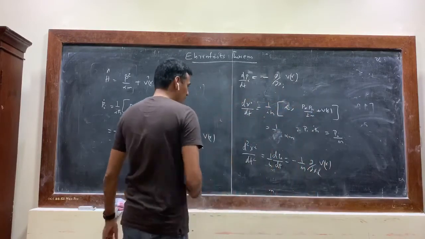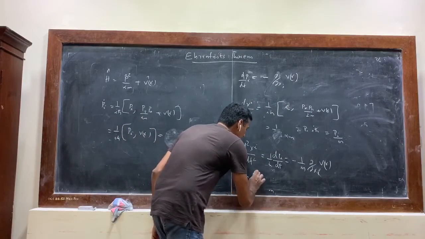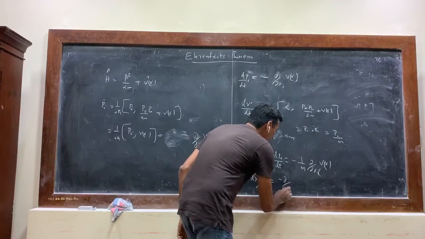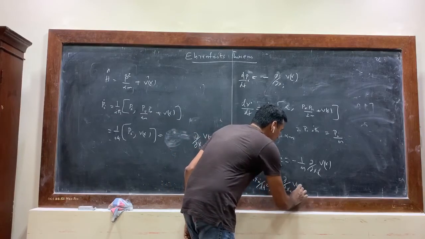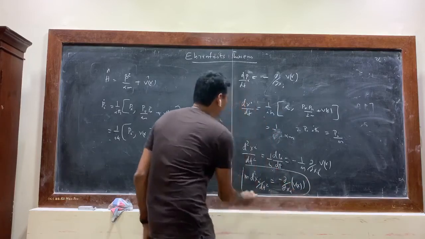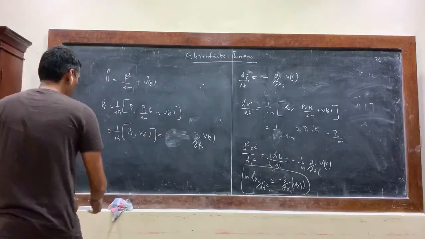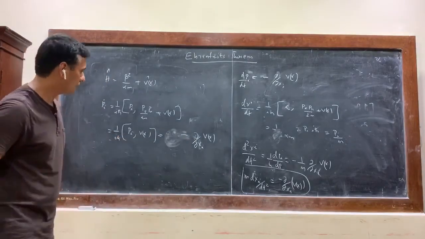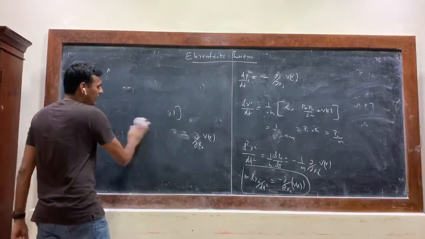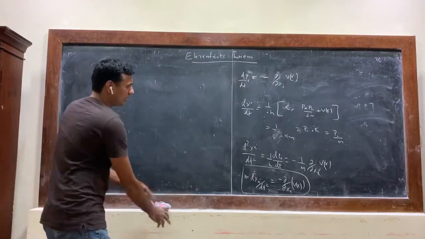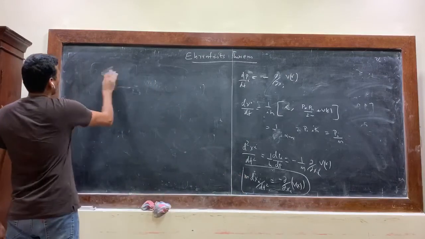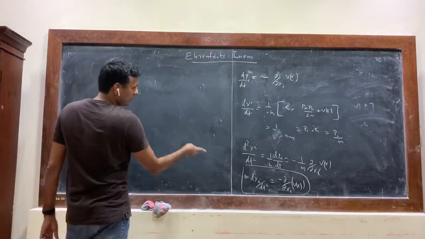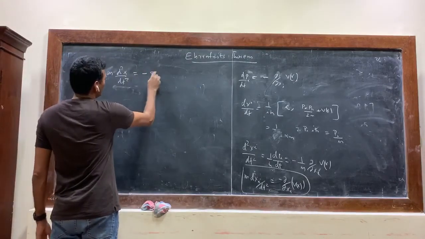Or you can write m times d squared x_i by dt squared is equal to minus del by del x_i of V of x. This is the quantum version of Newton's equation of motion.